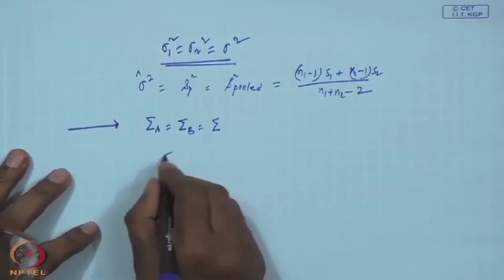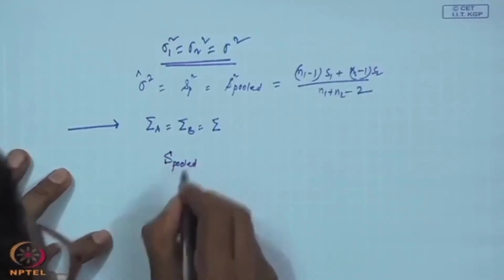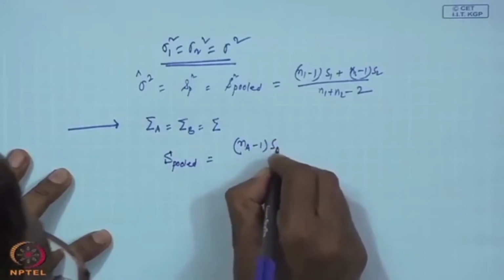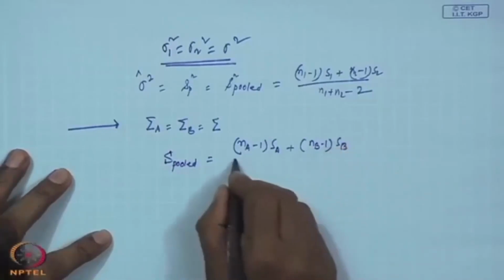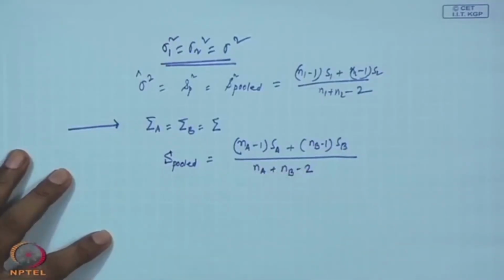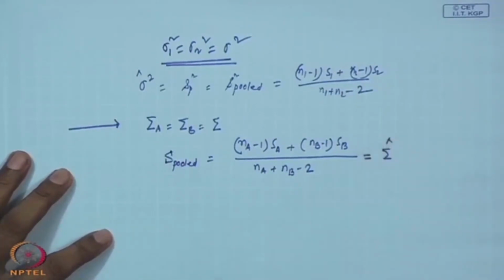We will be creating a similar S-pooled covariance matrix, and that will be N_A minus 1 S_A plus N_B minus 1 S_B, divided by N_A plus N_B minus 2. So this one is our estimate of sigma.